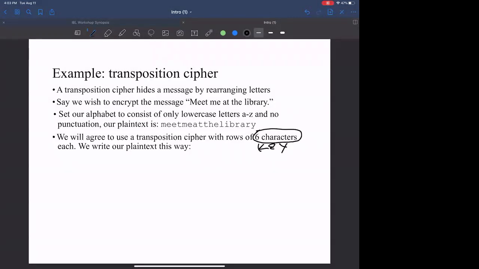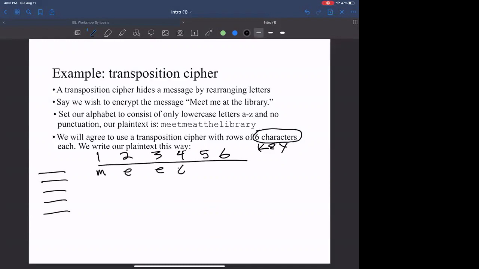So what this means is we are going to write out our message in a bunch of rows, each of which has 6 characters in it. So I write 1, 2, 3, 4, 5, 6 just to keep track of things, and I'm going to write out my message just 6 characters at a time.